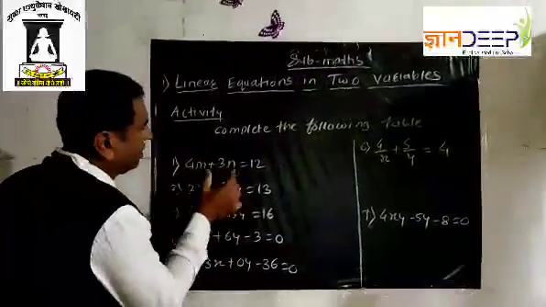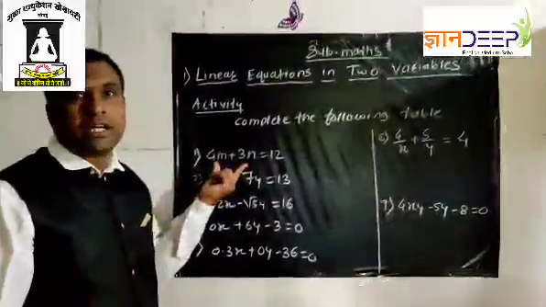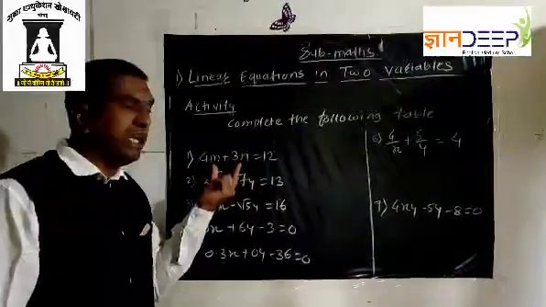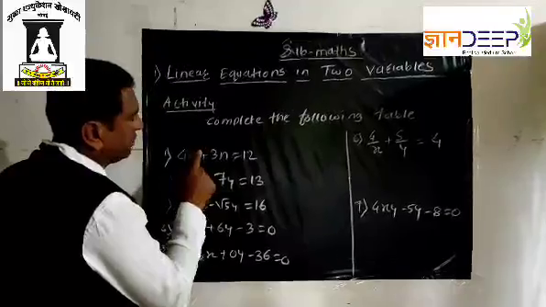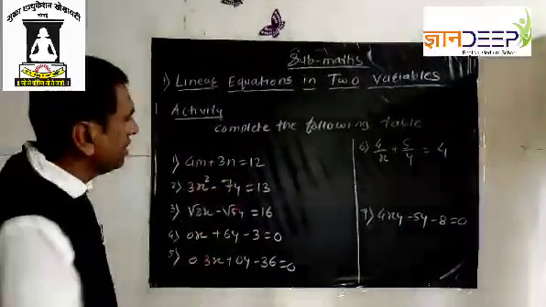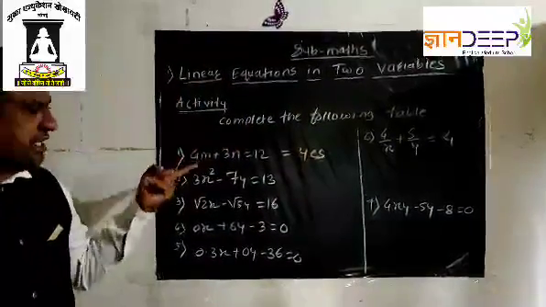Yes, m and n, two variables are there. Then the second condition is the maximum degree of both variables is 1. Here the degree of m is 1 and n is also 1. So two conditions are complete here. Therefore this is the linear equation.